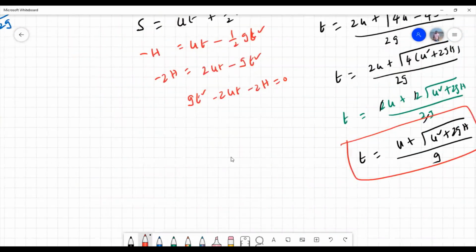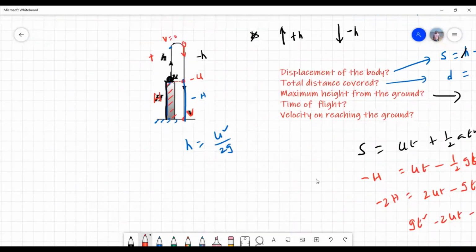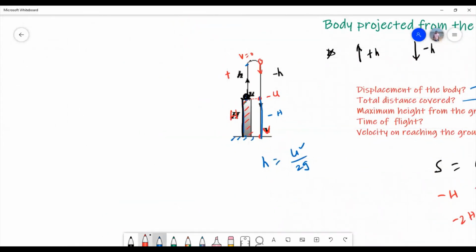Now let's see the next one. What is the velocity of the body on reaching the ground? It's a very simple derivation. Let us take this point. As I said, when it touches the ground, its velocity is minus u. I want to find this. Simply apply the equation v square minus u square is equal to 2gs.